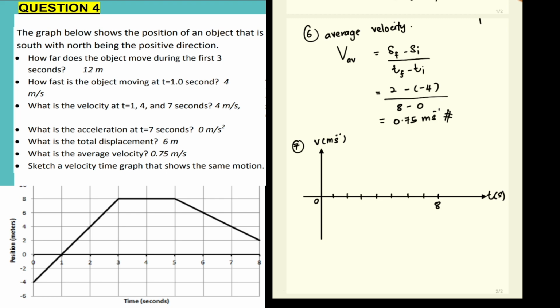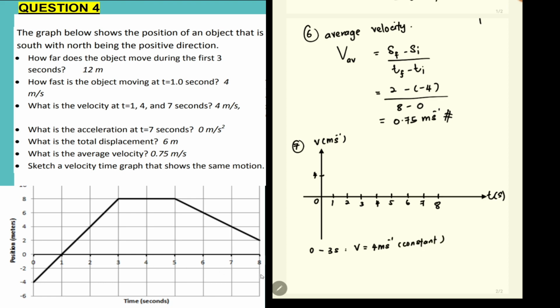We already calculated that. From 0 to 3 seconds, it's 4 meter per second. Is it? Yes, 4 meter per second. So let's say it's 4. So 1, 2, 3, 4, 5, 6, 7. So we know that from 0 to 3 seconds, the velocity is equal to 4 meter per second and it's constant.